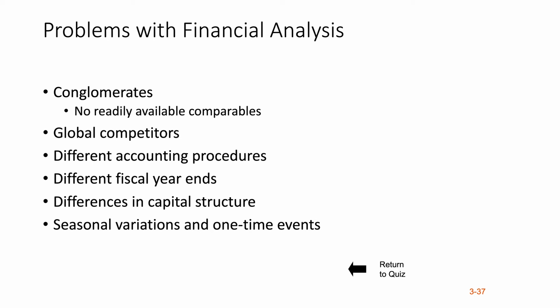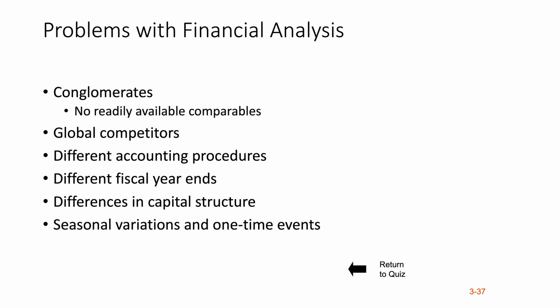Sometimes a company is a conglomerate across different products. With global competition and many branches, it's very hard to compare one with another. With international companies, accounting procedures differ; international standards are different from GAAP, the generally accepted accounting principles in the United States.